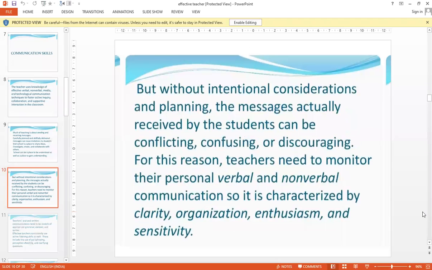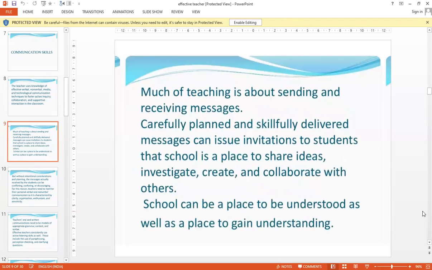Next, we have: much of the teaching is about sending and receiving messages. Teaching is all about sending and receiving messages, which means giving knowledge and imparting education to the students, while the students receive the message.